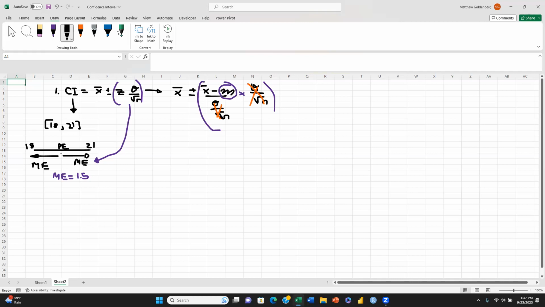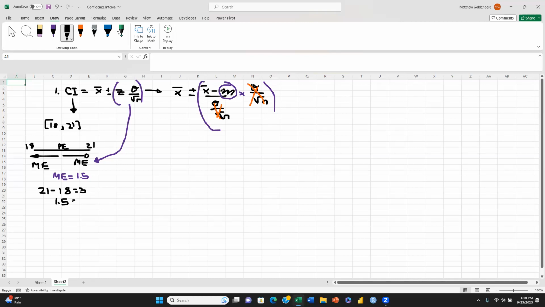What you do is 21 minus 18 to get the full range of your interval, which is 3, and then half of 3 is 1.5.